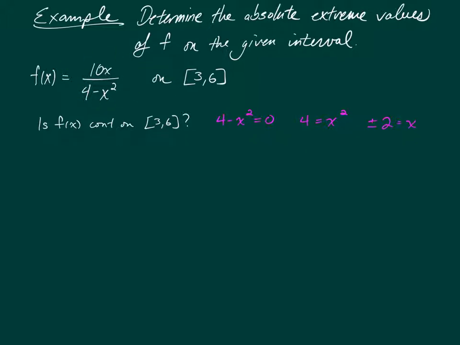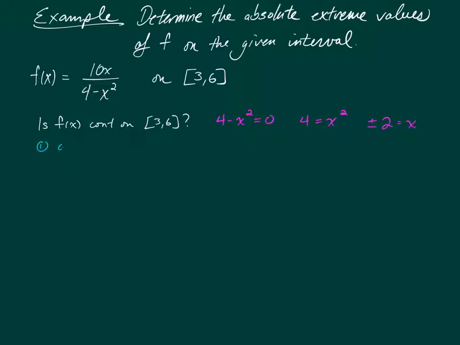If you are looking at the entire x-axis, no, this function is not continuous. It's discontinuous here. But since we are not looking at the entire x-axis, just this little piece, it is continuous. So we are able to use the extreme value theorem here. That being said, let's find the derivative so we can find the critical values.